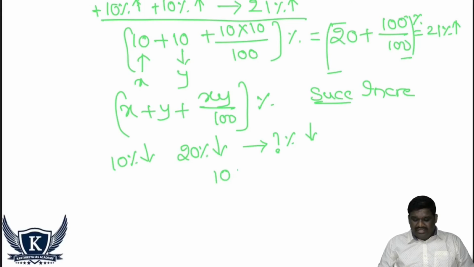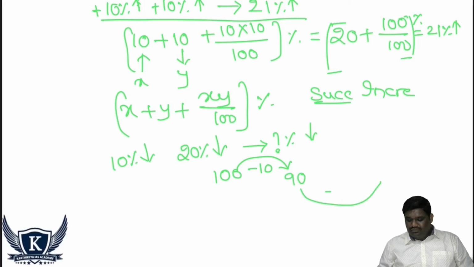Why is it not the correct answer? If I take 100 rupees, I get a 10 percent discount on 100 rupees. So the discount is minus 10, and I can take it as 90. Now on 90, there is a discount of 20 percent.